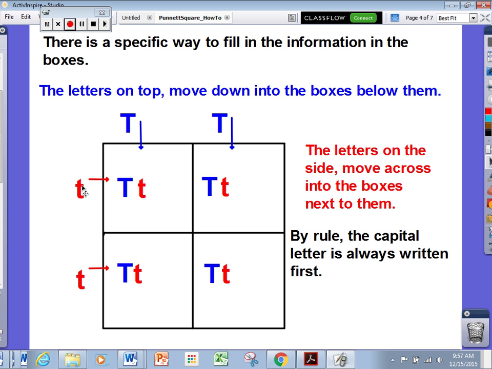And the letters along the side move across. So this T moves into this box and this box, and this little T moves into this box and this box. And by rule, the capital letter is always written first. Anytime you have an uppercase and a lowercase letter, the uppercase letter should always be written first, and then the lowercase letter next to it.